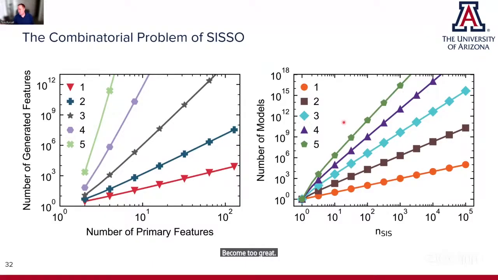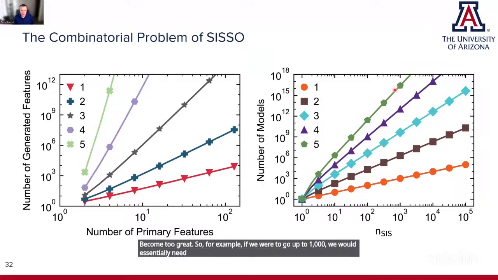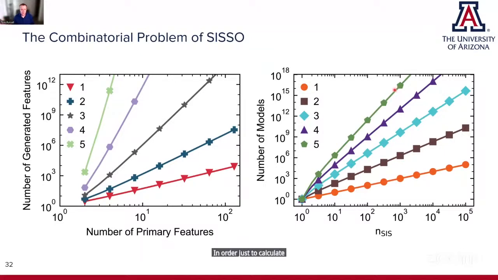For example, if we were to go up to 1,000, we would essentially need an exascale computer just to calculate the fifth dimensional model case. And realistically, this is just impractical to do.